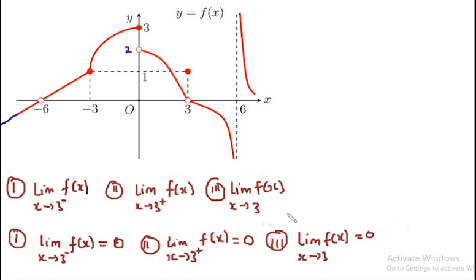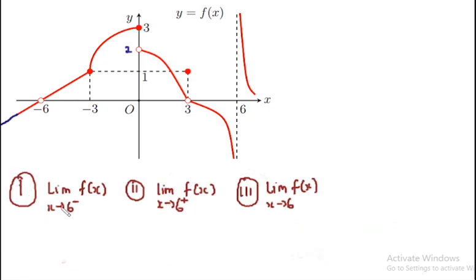Let's look at our last example. For the last example, we are asked to find the left hand side limit of f of x as x approaches 6. We simply follow the same way we've been doing. From the left hand side, as we are approaching 6, the y value is getting further and further down, and it goes down, down, down.